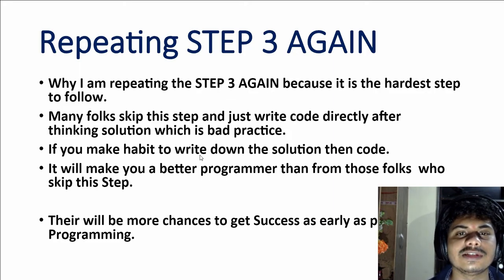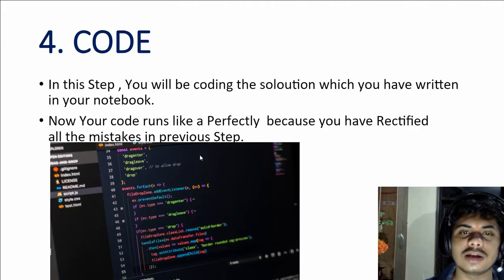They want success in coding, but success in programming and coding comes earlier by doing this third step. If you do this third step, you will become more perfect in coding and programming, and you can crack any company, whether it's FAANG, an MNC, or a startup. That is our third step. After that you have to code.